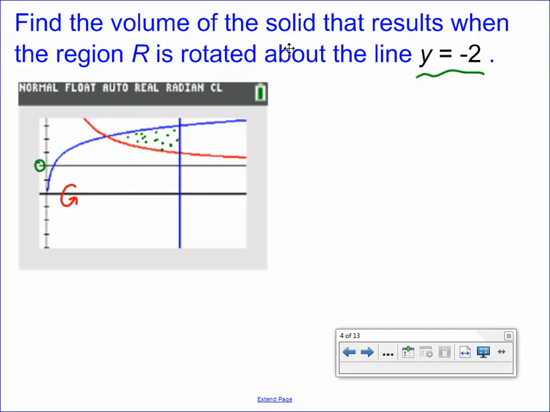If we consider the solid that results, we can see the outer radius given by a big green line and the inner radius given by the black line, which would show up in my final cross-section. So if I consider the shape of a cross-section, what's this going to look like? About here, about here.